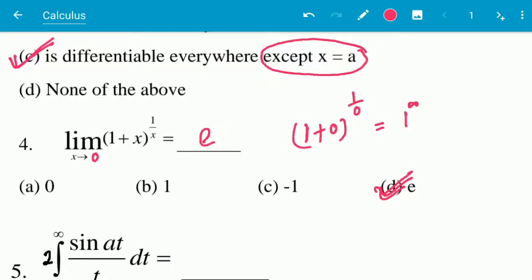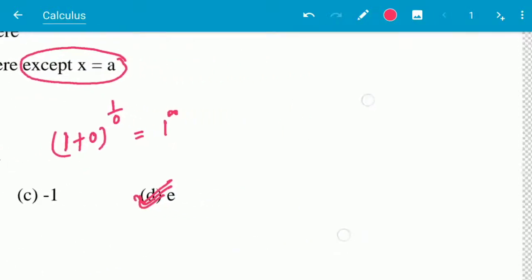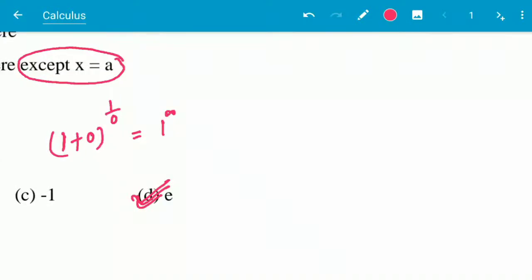This is an indeterminate form. What is an indeterminate form? There are a lot of indeterminate forms: 0 by 0 form, infinity by infinity form, 0 into infinity form, infinity minus infinity form, 1 to the power infinity form, infinity to the power infinity form.